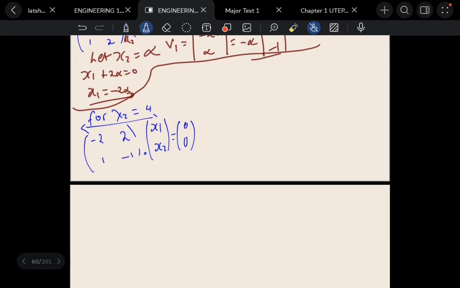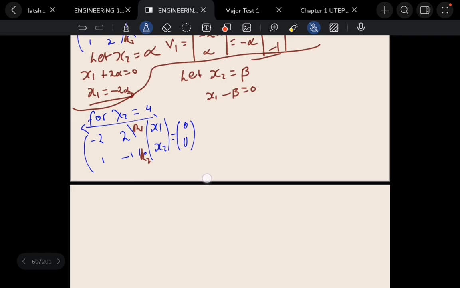Again, if you notice, row 1 and row 2 are linearly dependent, because to get row 2 you divide the first row by negative 2. And you are going to have a 0 row in the matrix. So we say, let x2 be beta this time. And then I'm going to have x1 minus beta is equal to 0.